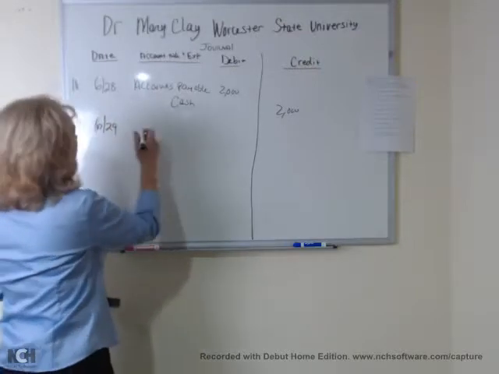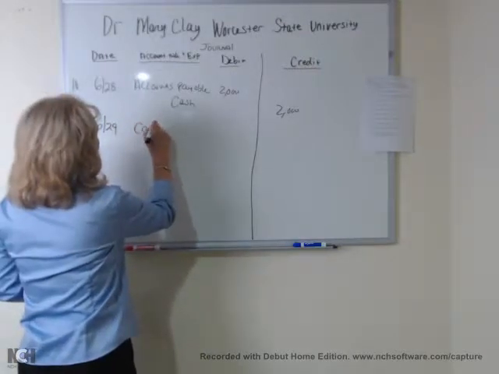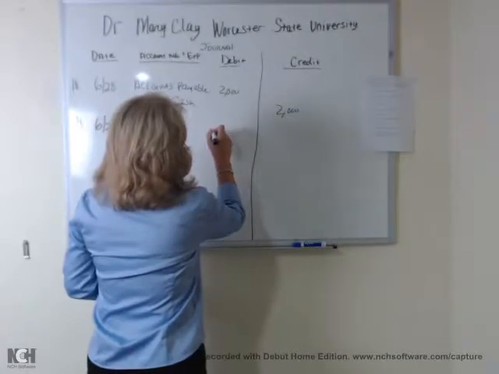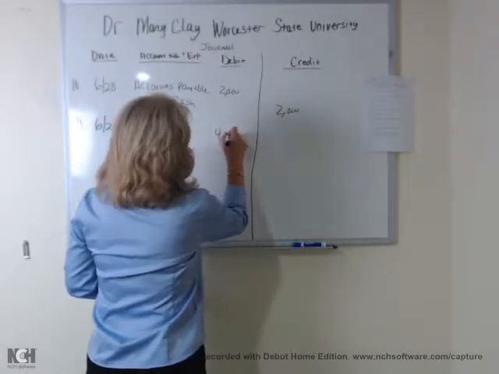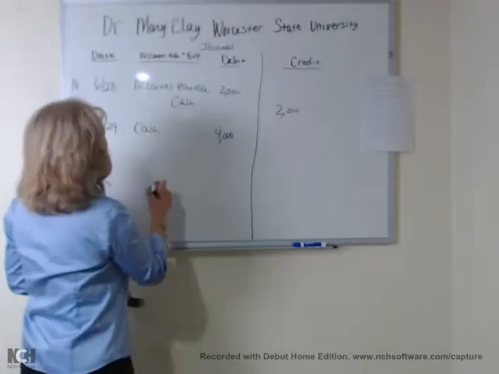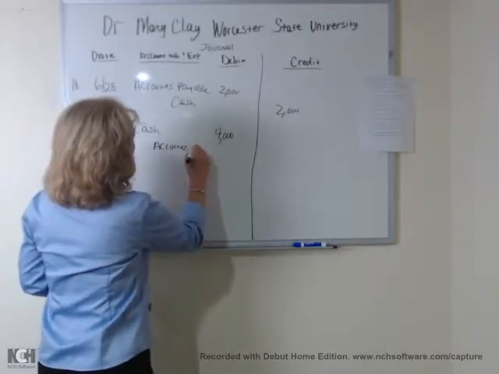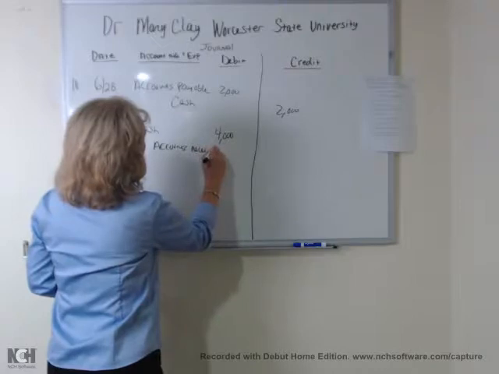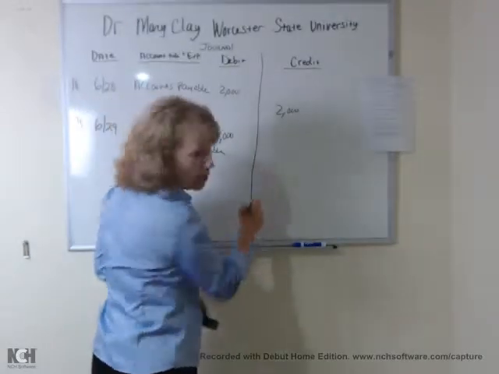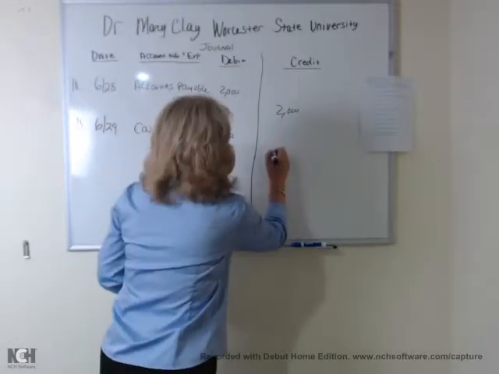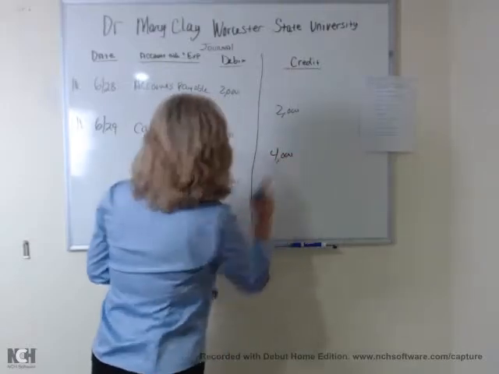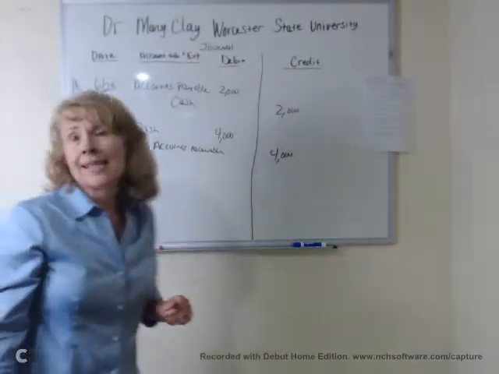Life is good. All right, so we debit cash, $4,000, and we credit accounts receivable, $4,000. My dog just came in the room. I don't know if you heard it, but okay. So, does it make sense?